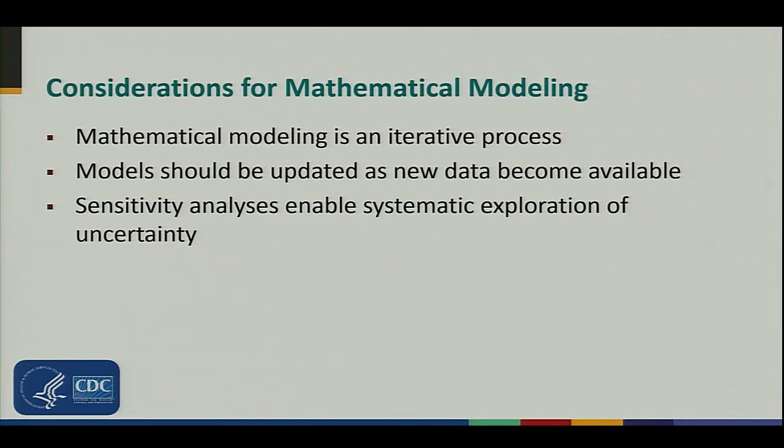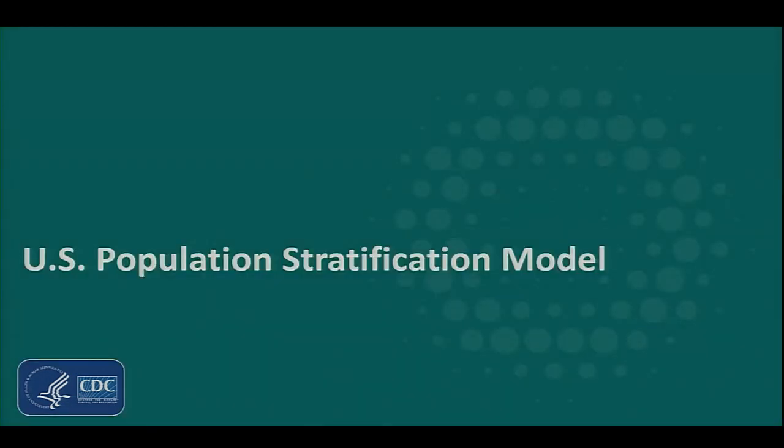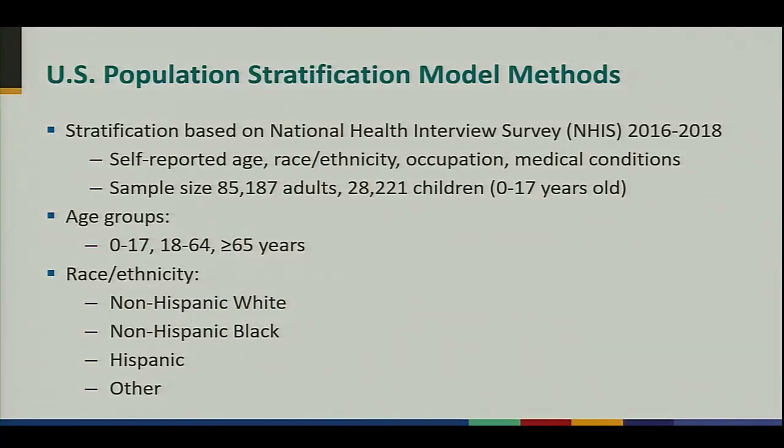We will describe some initial sensitivity analyses in today's presentation and are interested in the committee's ideas about additional sensitivity analyses that may be beneficial. Next slide, please. We'll start with the U.S. population stratification model. Next slide. I'll take a few minutes to walk you through the methods first.